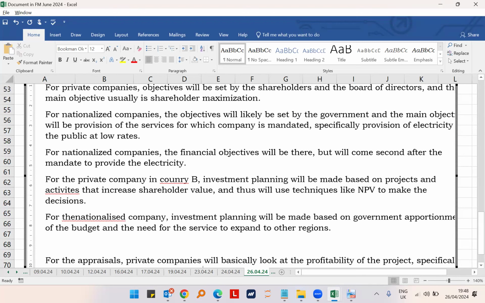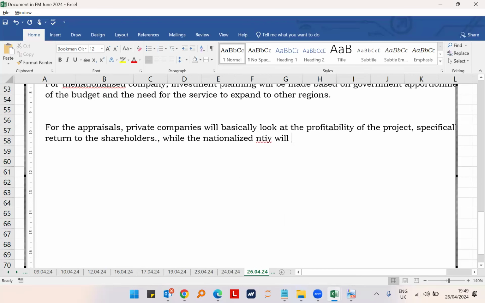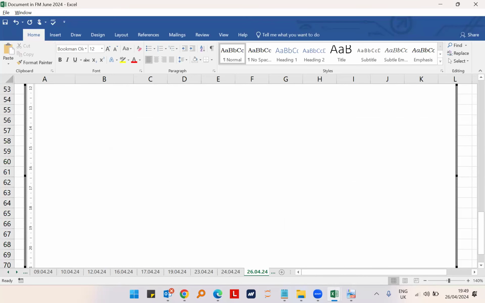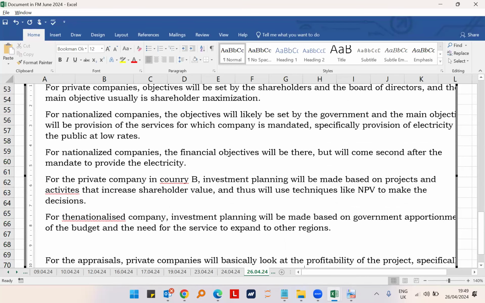While the nationalized entity will be focused on value for money.